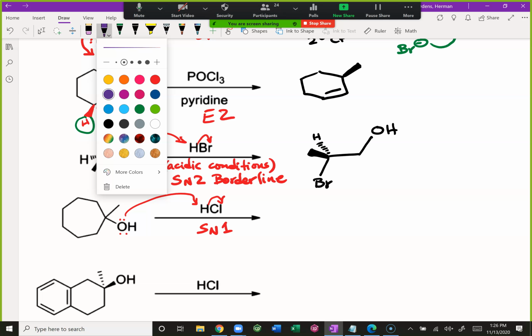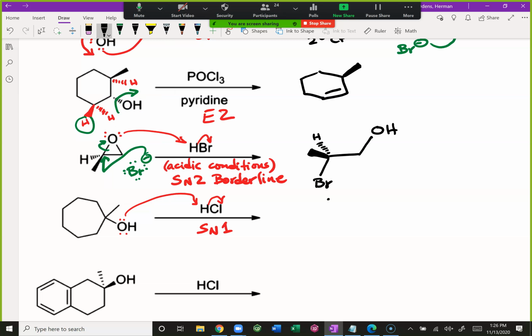All right, what am I getting here? Oh, this one. I have 7-member rings, so I usually go 1, 2, 3. I put the roof of a house, and then I make a little boat here. So here's the roof of the house, and here's my boat, and then I just connect them.